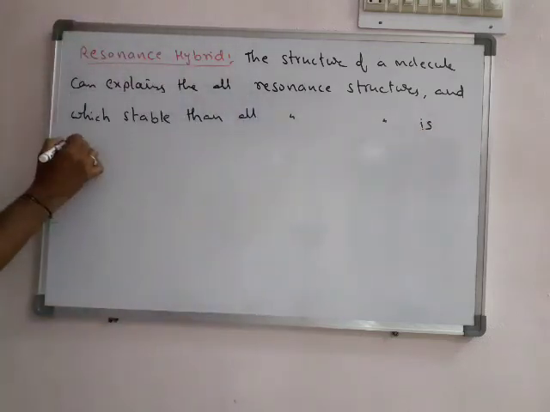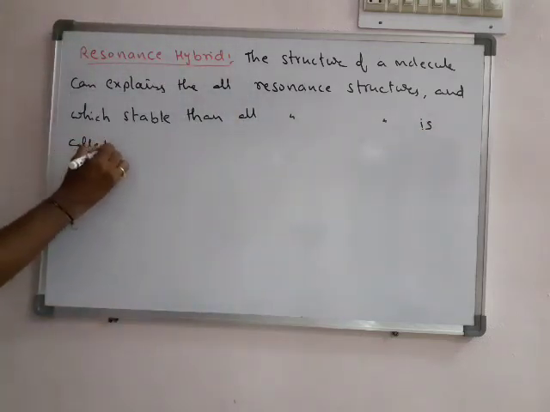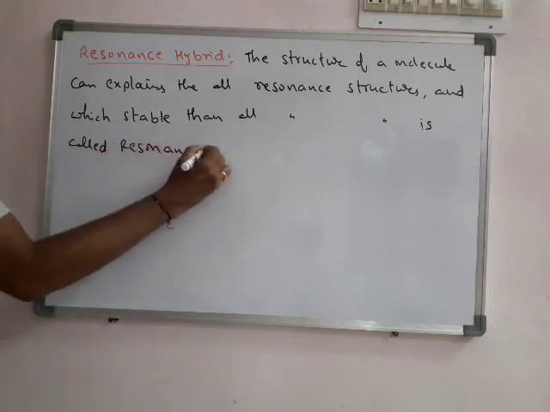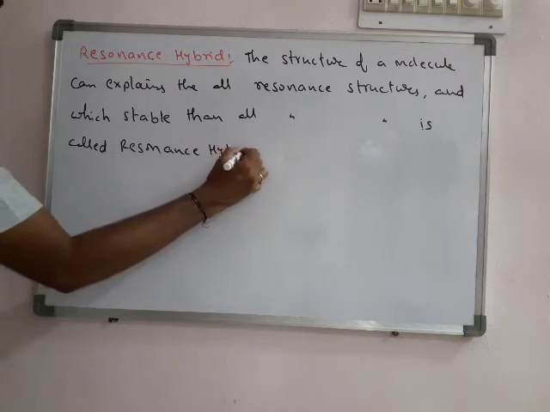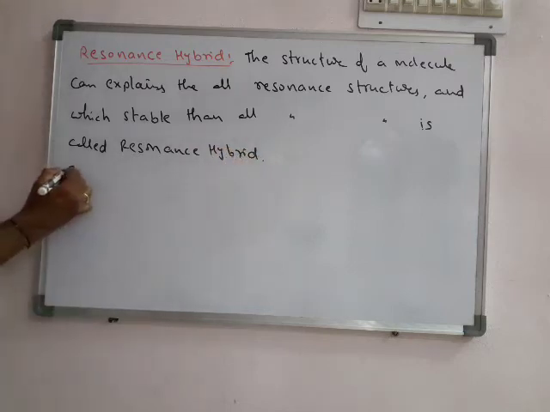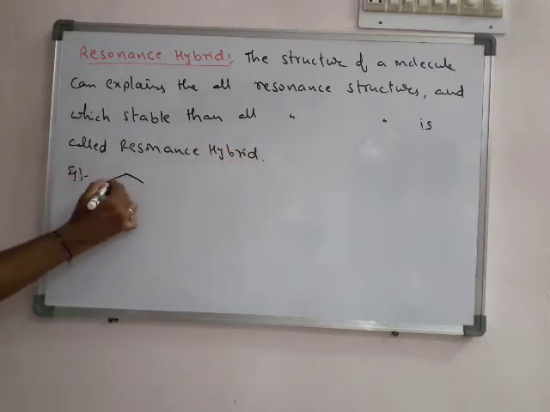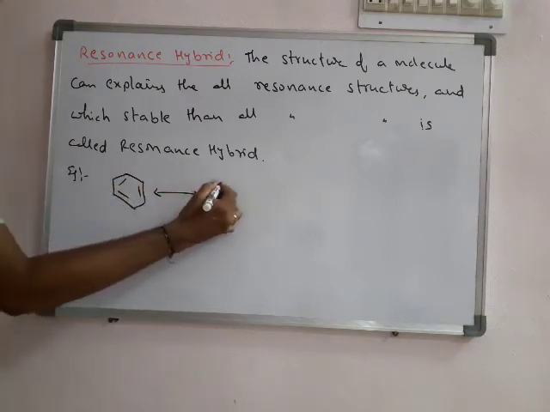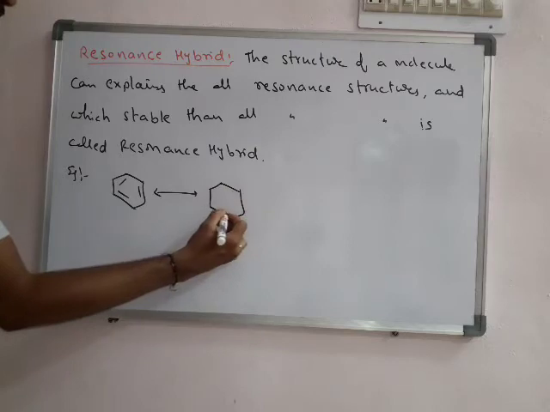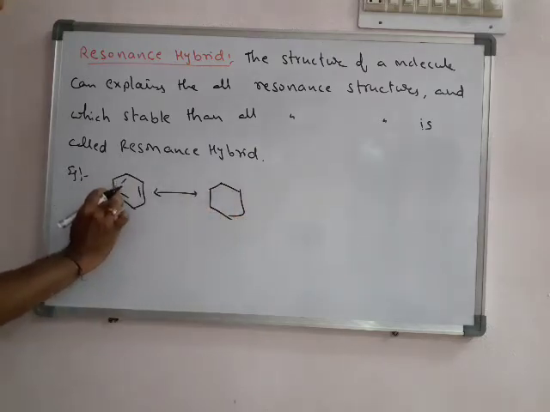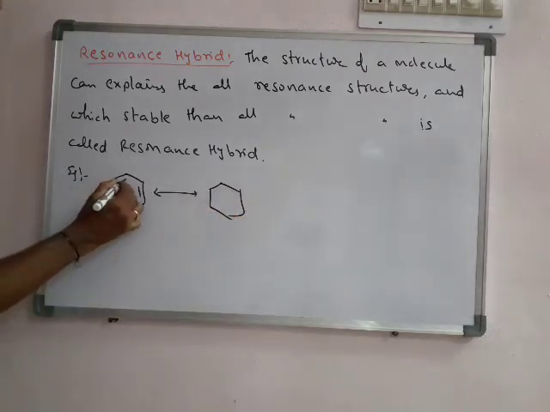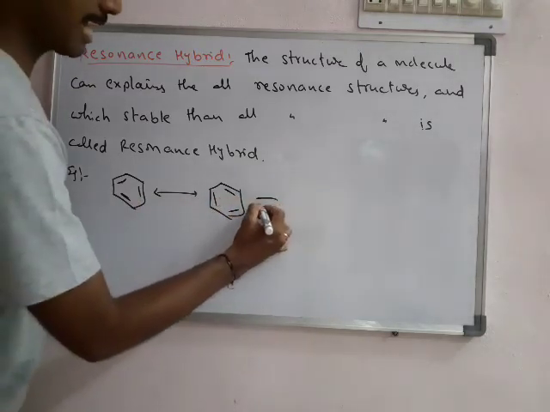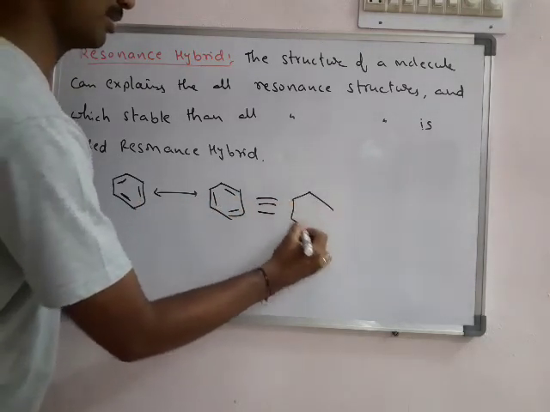It is called the resonance hybrid of a molecule. For example, we know benzene. So it is written as the hybrid like this.